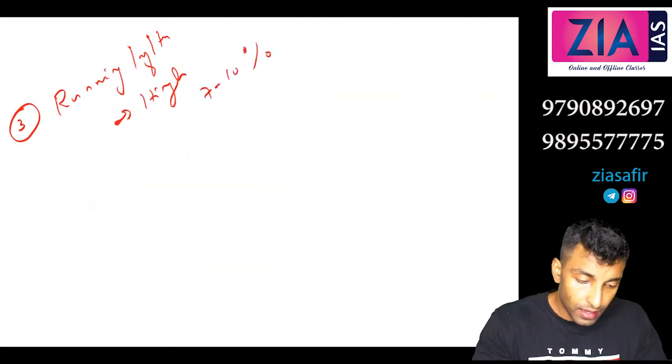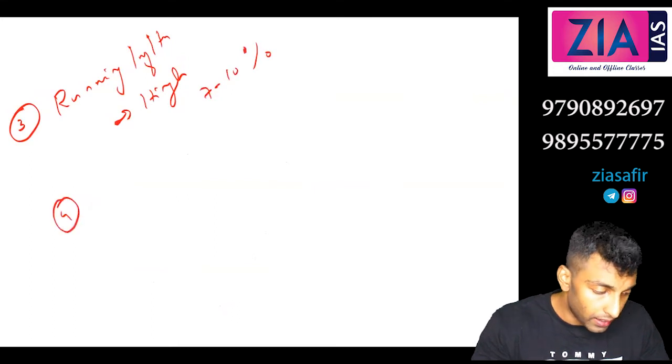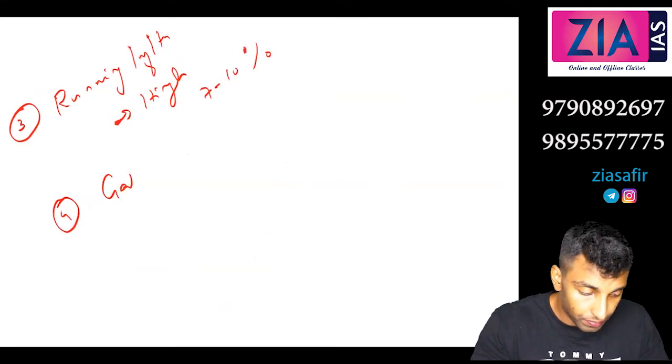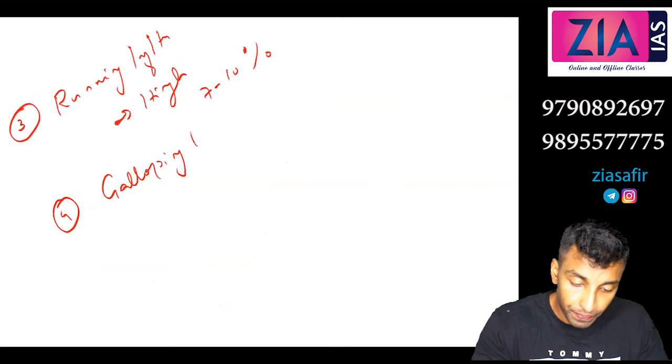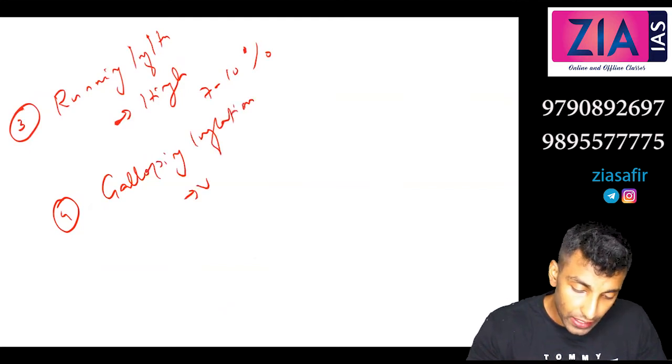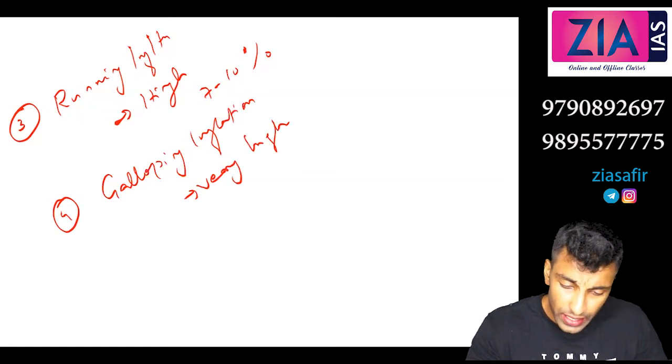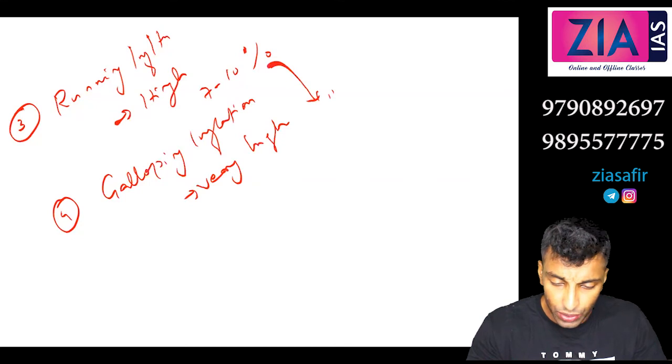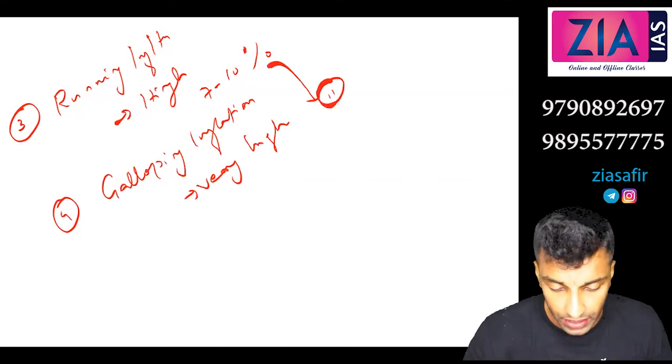Now the next one, you can write galloping inflation. So this is a very high inflation. Now I don't want to change the percentage range, I am keeping the same. It again depends on different countries.